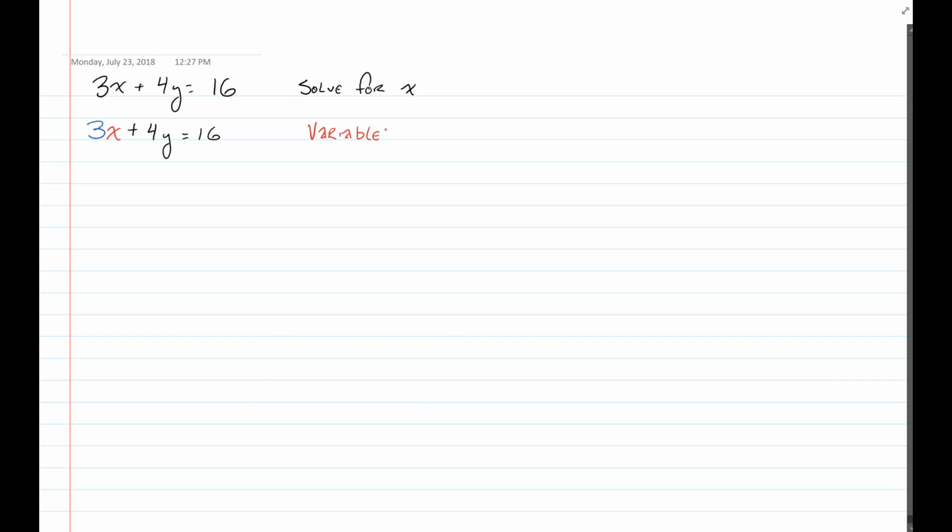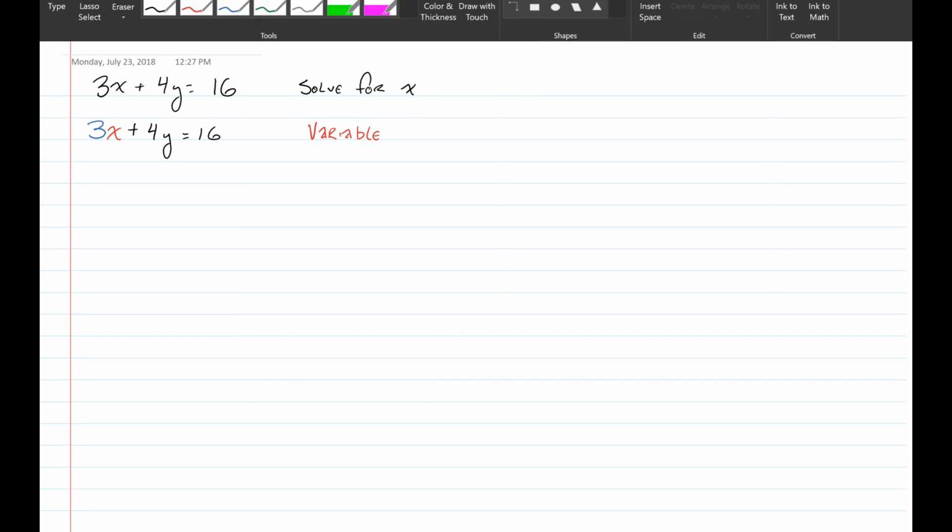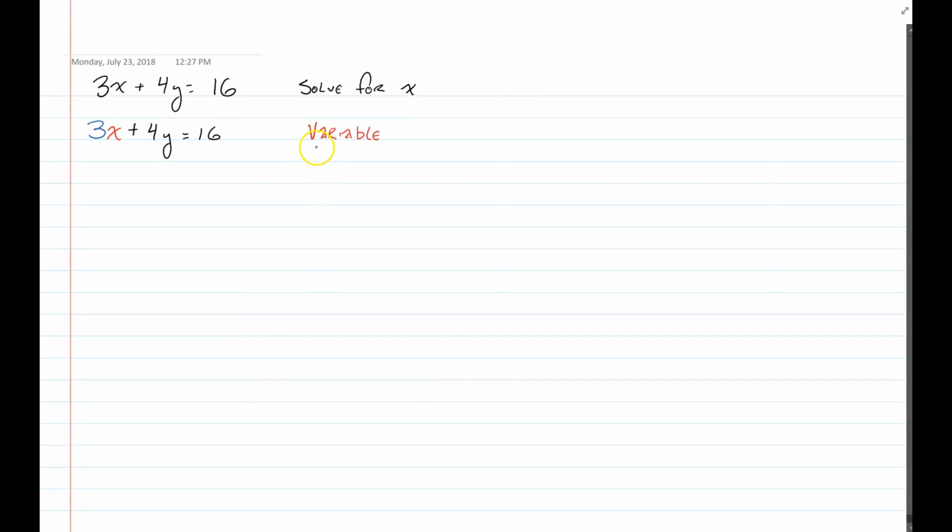In red, we have our variable, and in blue, we're going to say that is our coefficient. And we know that it's the coefficient because it is the multiplier of our variable. Now, 4y, positive 4y, and 16, we don't actually care about those.